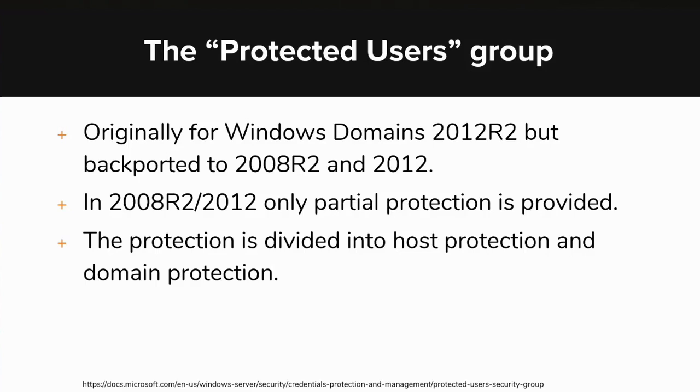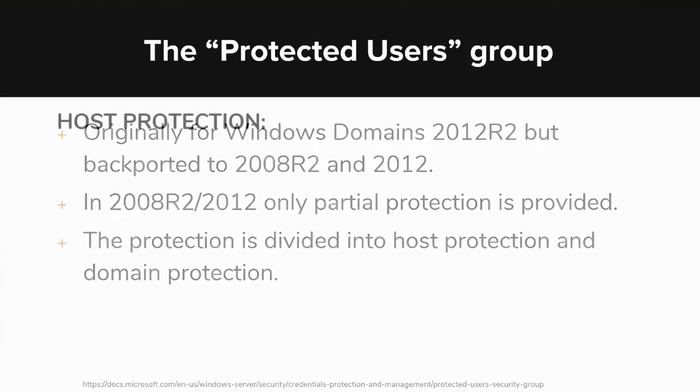When we talk about protection by the protected users group, this protection is divided into two different categories or domains: protection at the host device and protection at the domain level. I'll go through these two domains just to show you the actual protection that the group provides.